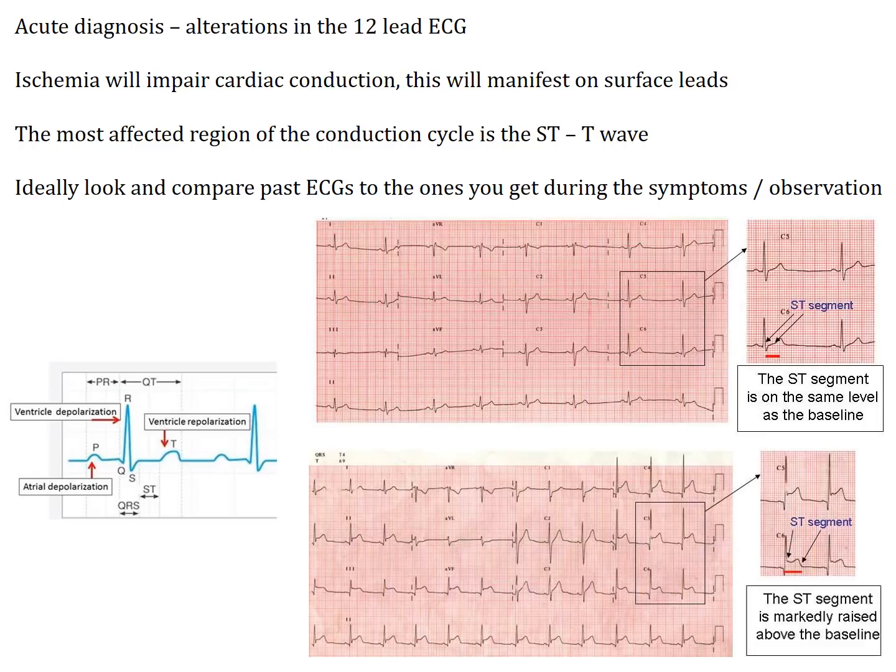In between, we have the ST segment. That ST segment usually sits on a baseline. Elevation or depression of that ST segment can be a nice marker for myocardial ischemia.